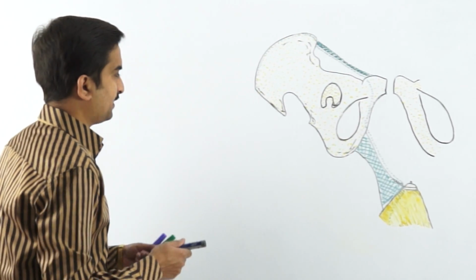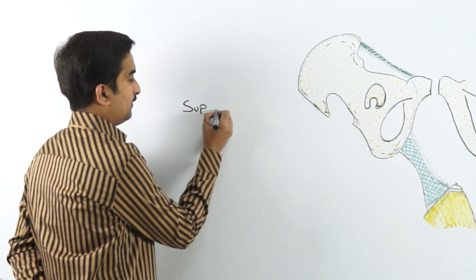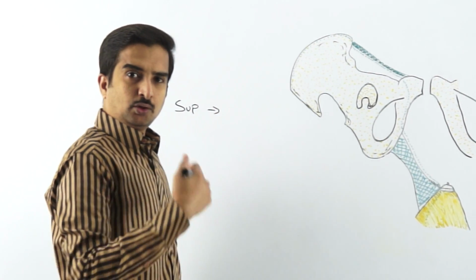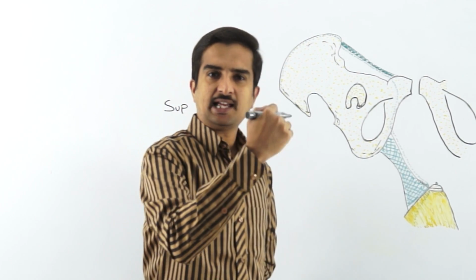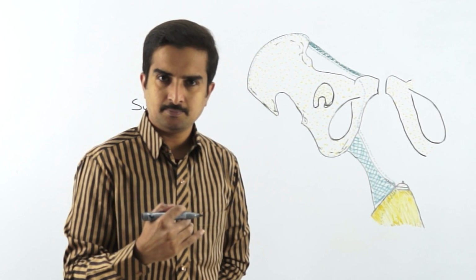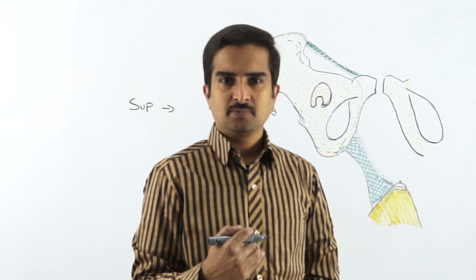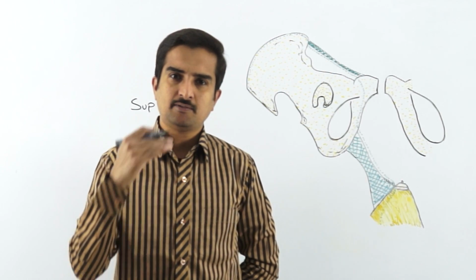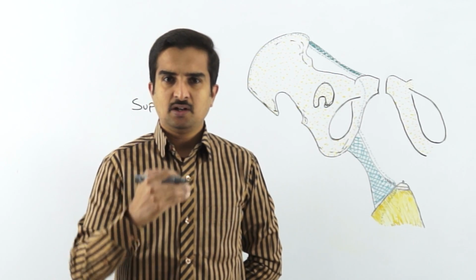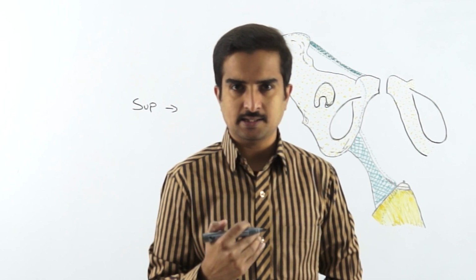First, let us talk about the superior attachment. Superiorly, fascia lata is attached to the boundary line between the pelvis and the lower limb, from where the fascia lata starts arising.